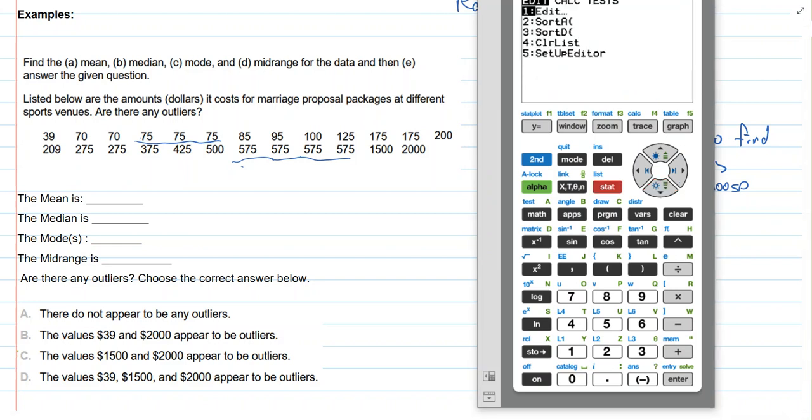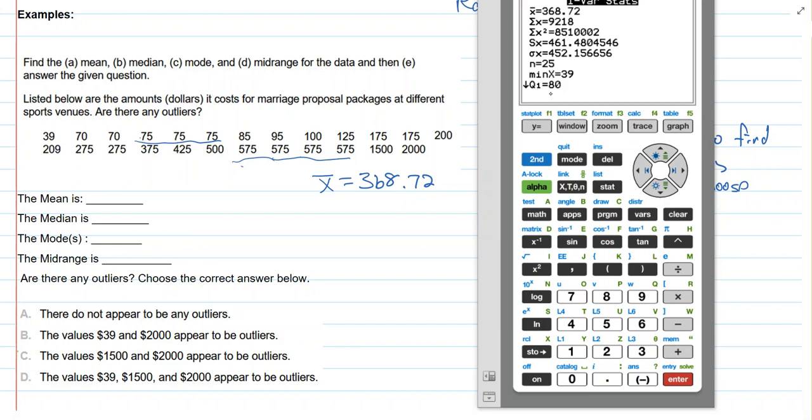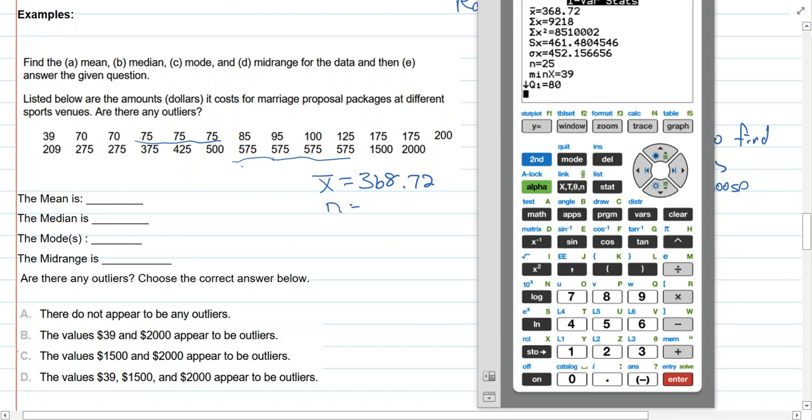I'm going to hit the stat key, arrow over to calculate, enter, and it'll come automatically to line one. 1, 2, 3, and I get this first window. My first window says that X bar is 368 and 72 hundredths. Then it says that N is 25 elements in the set. So that's good.